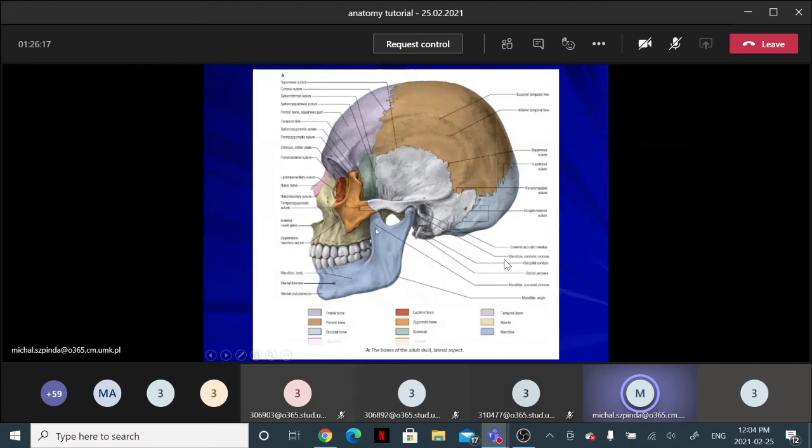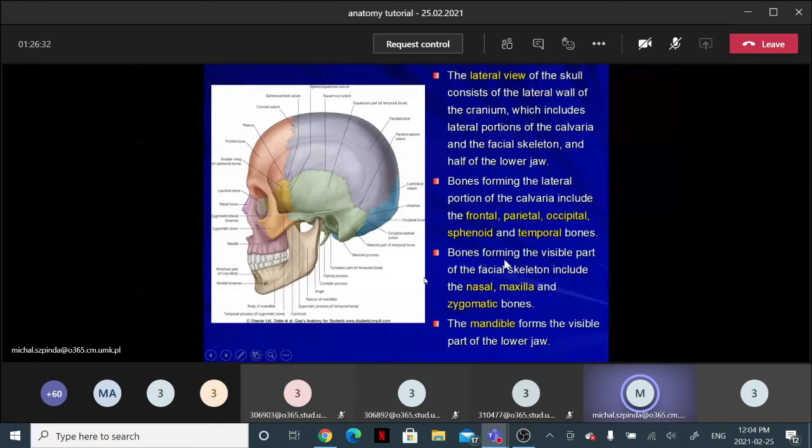On the lateral aspect of the skull, we can easily see the structure of the mandible. So the mandible here consists of its body.